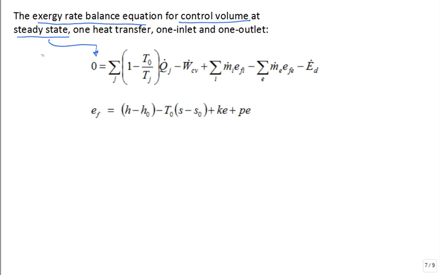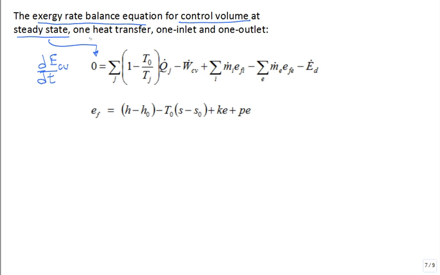Otherwise, it would be the rate at which the exergy is accumulating inside the control volume, just like on the energy balance equation, where it was a rate of energy accumulation inside the control volume. But they said, look, we're not even ever going to have a transient exergy problem. It's always steady state, so why torture the student with the elaborate equation where that one term on the left is always 0? Let's just put it 0. Simplify life for the student.